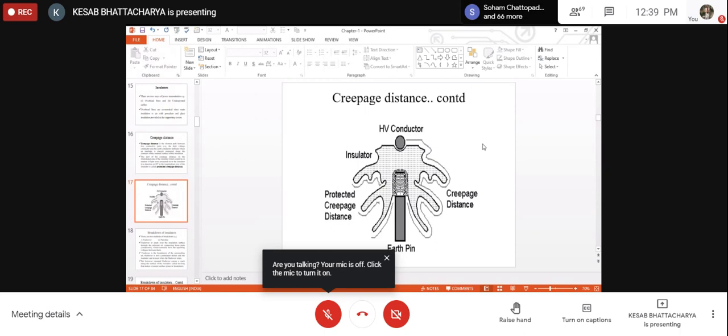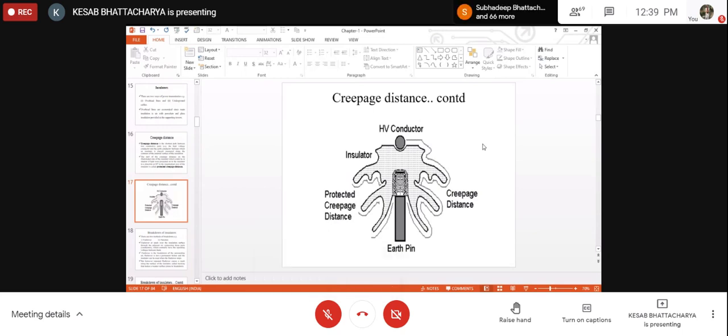And the length of the path along which the current will flow from the high voltage conductor to the metallic earth pin, that is the earth electrode, along the outside surface of the insulator, the length of that path is called the creepage distance or creepage path, as if the current is creeping through that path from the high voltage conductor to the earth.